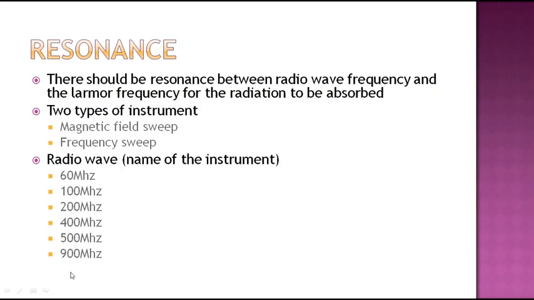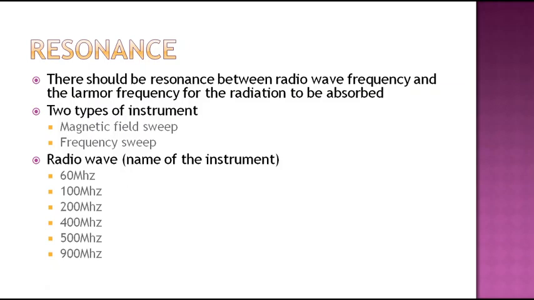That's why, if you want to increase the frequency, you have to increase the magnetic field, and therefore the instrument becomes bigger and costlier. We have to produce a big electromagnet, and you need a different technology for each. This is the reason why we have different instruments to get clear spectra for bigger molecules.